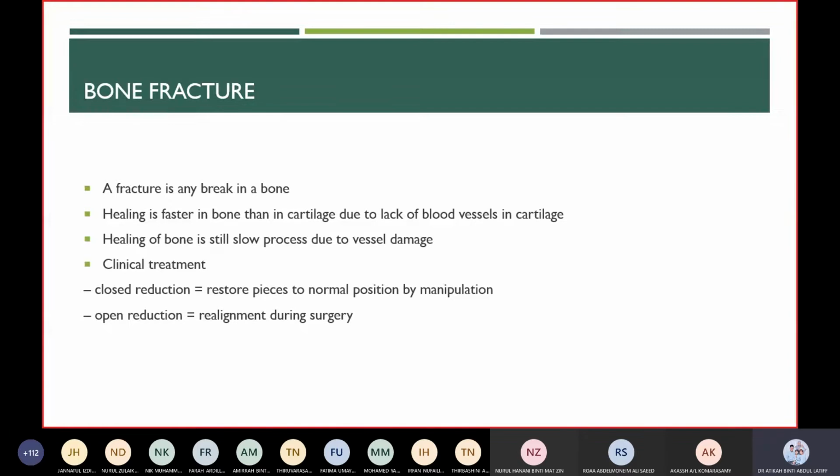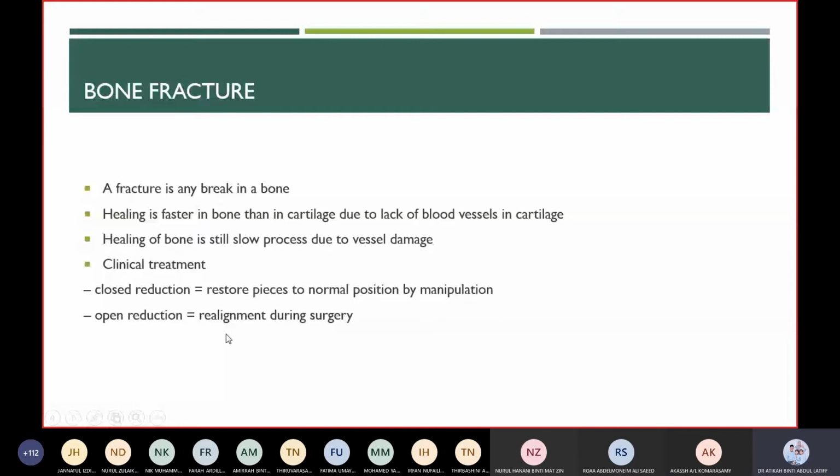Okay, so what are the clinical treatments that we have? Open and close reduction, which you will learn more in detail when you do your surgical posting. Okay, just to introduce you to the terms. So closed reduction, where you restore pieces of the fracture by manipulation, so you don't need surgery.